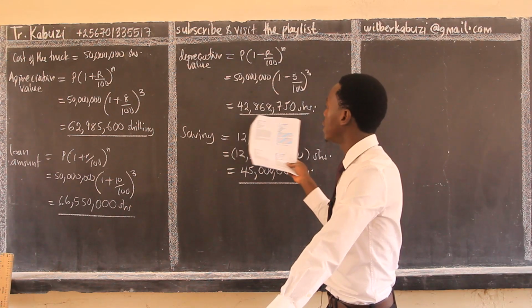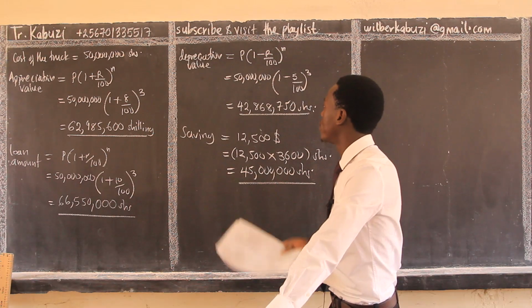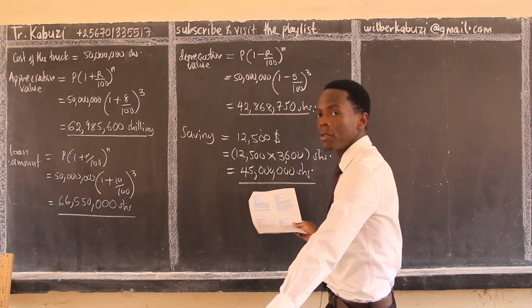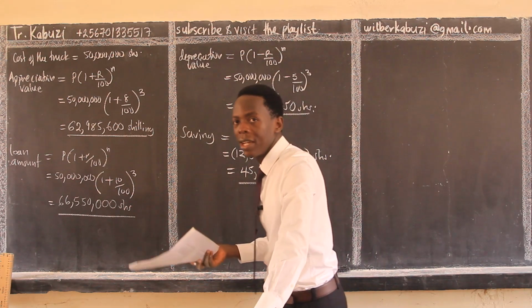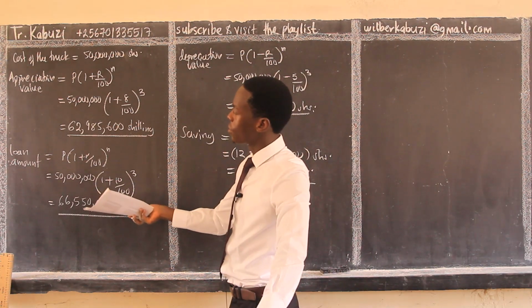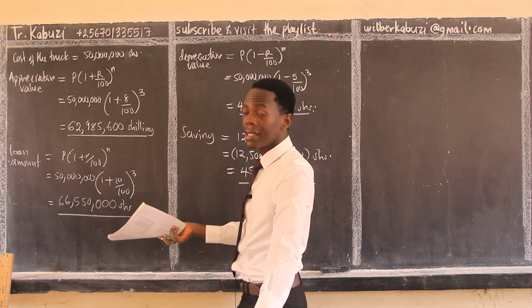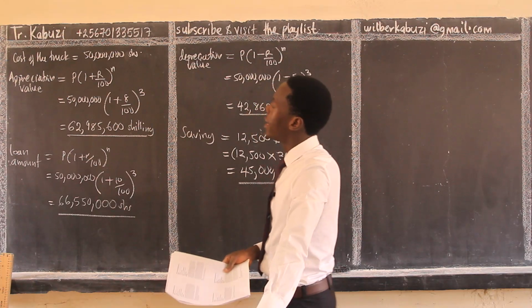But if they are to get the loan, remember they have this amount ready, but if they don't want to touch their money, they can go to the bank and get a loan. But this is what they will pay back. They will pay an excess of over 16M.